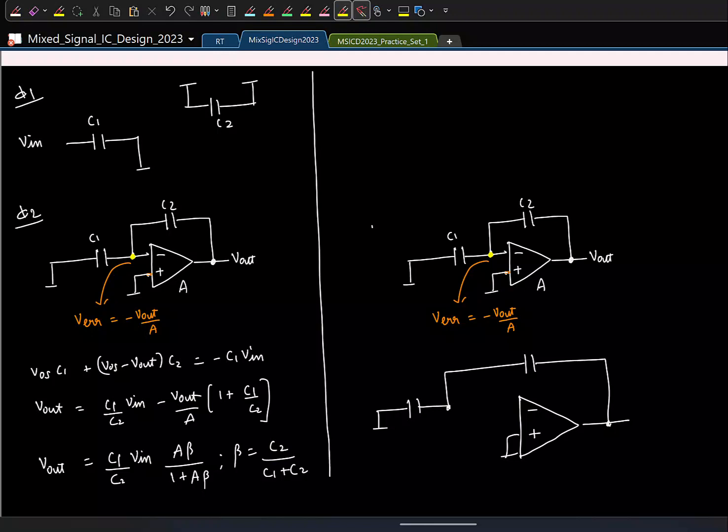Basically the problem is, again, if I connect these two, remember that the negative feedback is forcing the inverting terminal to minus V out by A, right? And we want this voltage to be 0, so we better not connect this. So instead of connecting these two, what do I put now?